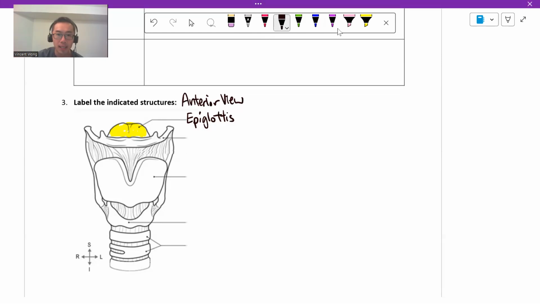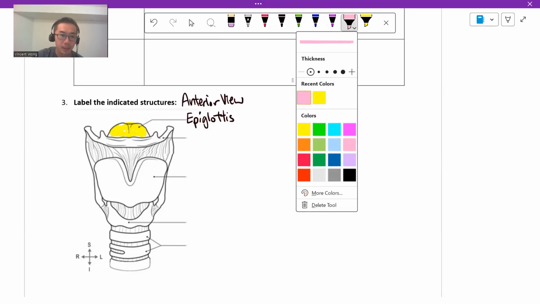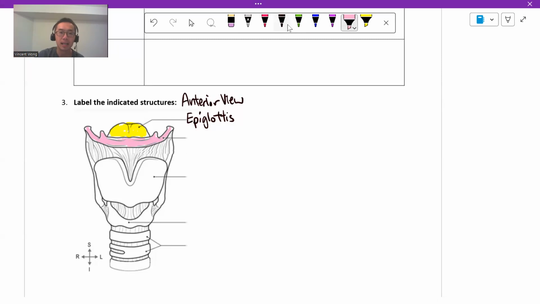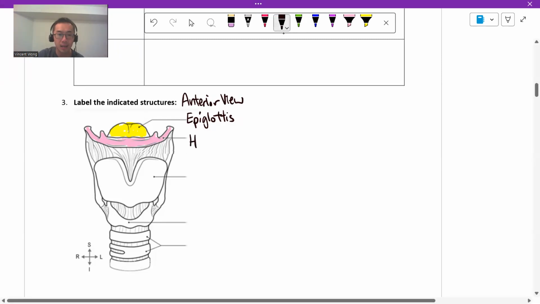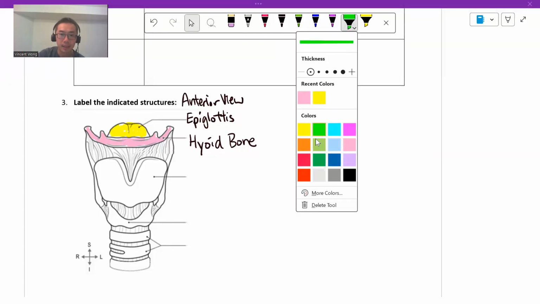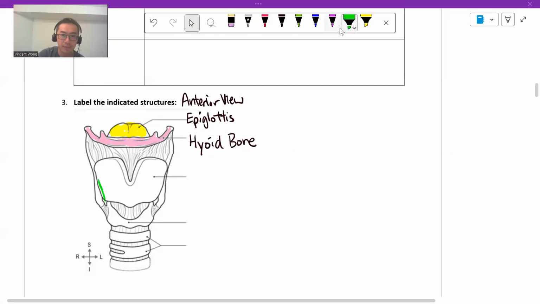There's a small bone right here. Maybe you can feel a little bit right here. That is, it's very high up, so it's the hyoid bone. Hyoid bone. Okay, moving down, we have this guy right here.